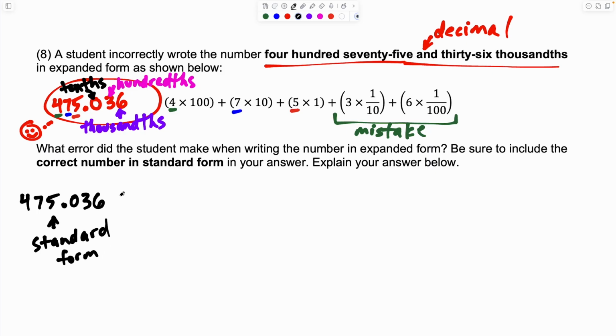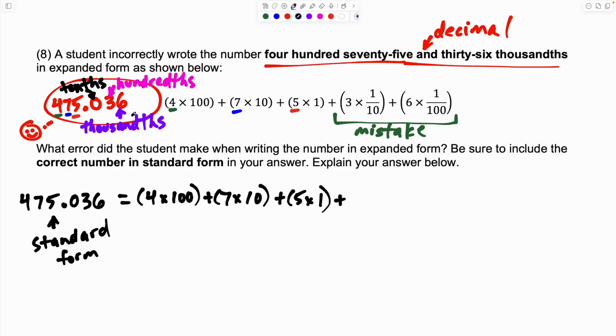And if I wrote the correct expanded form, I could borrow what the student wrote up to here: 4 times 100 plus 7 times 10 plus 5 times 1. This part is good. We have a 4 in the hundreds place, a 7 in the tens place, and a 5 in the ones place, but it's everything after that's a problem.